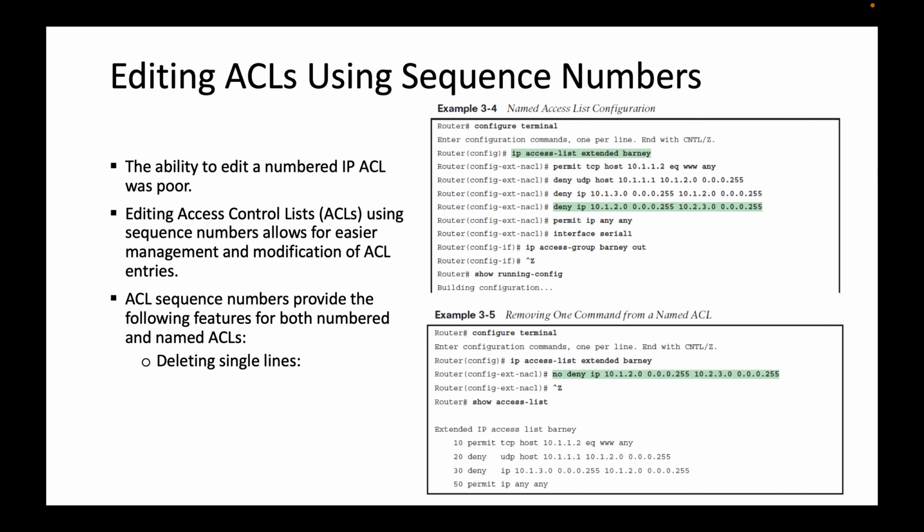If you see on the right, I have used no deny so and so IP, which will automatically delete it. Also, you can use sequence numbers. So inserting new lines also is easier. Newly added permit and deny statements can be configured with a sequence number before the deny or permit command, dictating the location of the statement within the ACL.